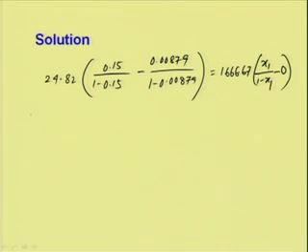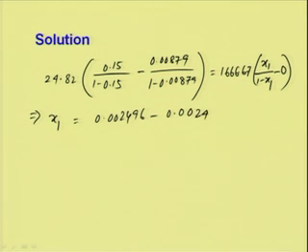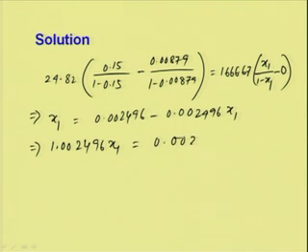So, from this we can calculate x1 would be 0.002496 minus 0.002496 x1. So, from this, 1.002496 x1 would be 0.002496.